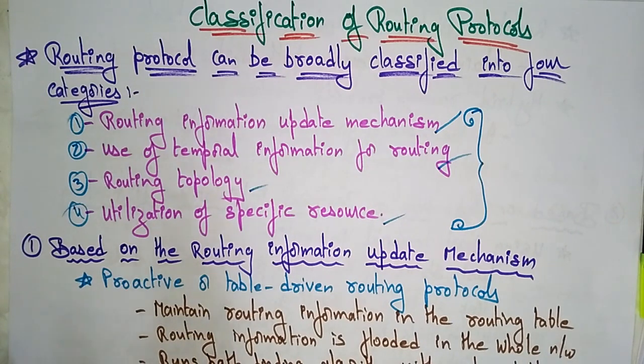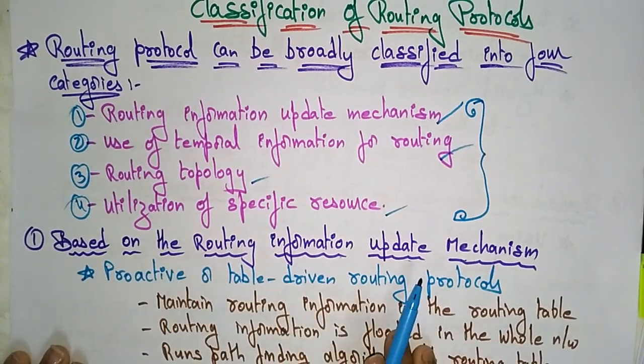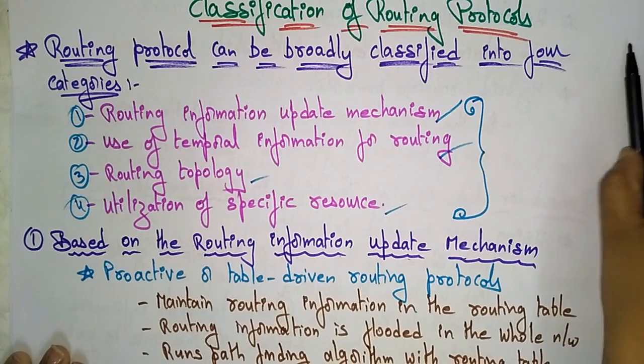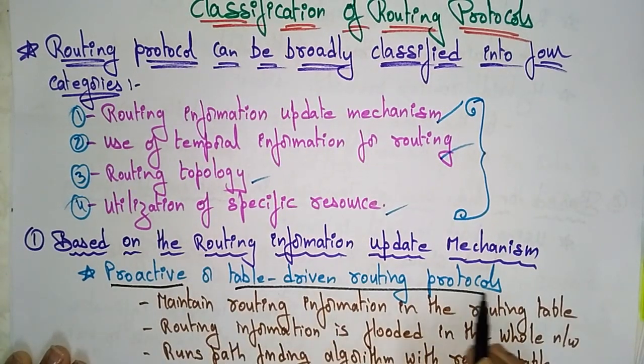Now let's see. Before going into each routing protocol, let's see the first one, based on the routing information update mechanism. What is this classification explaining? This you call proactive or table driven routing protocols.